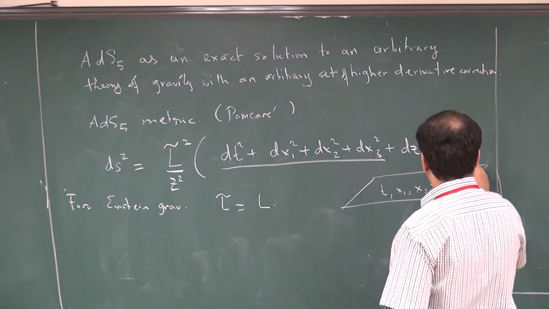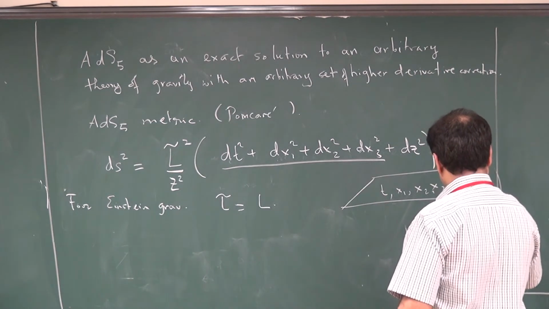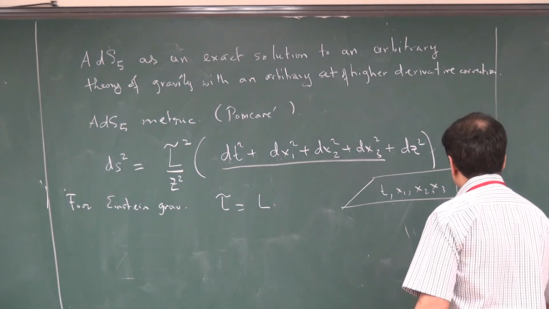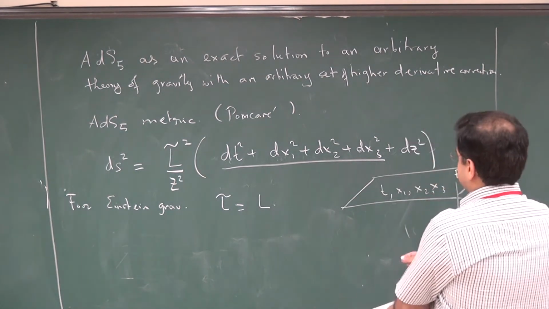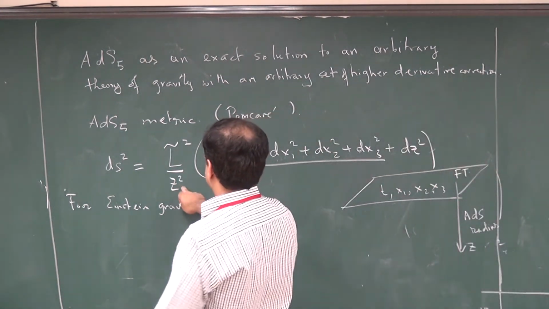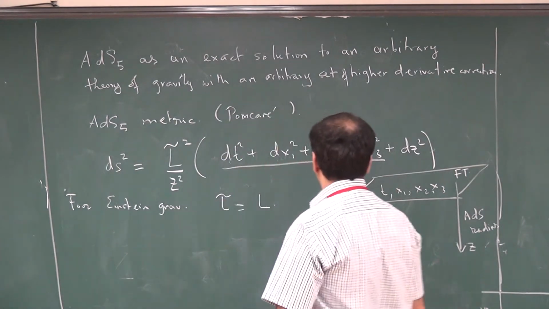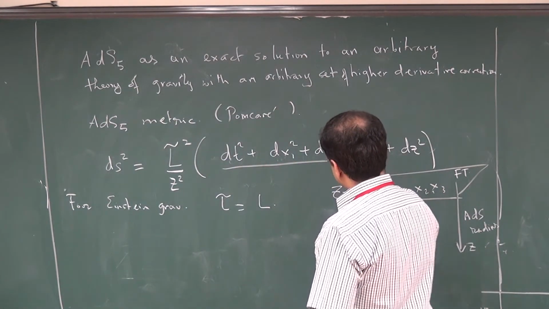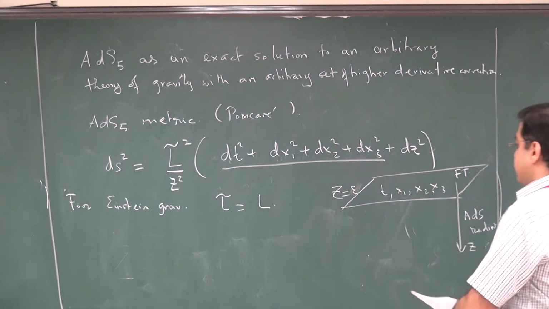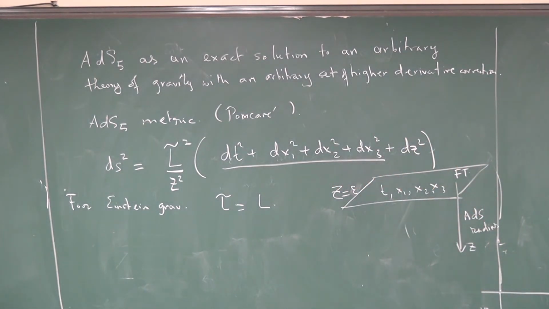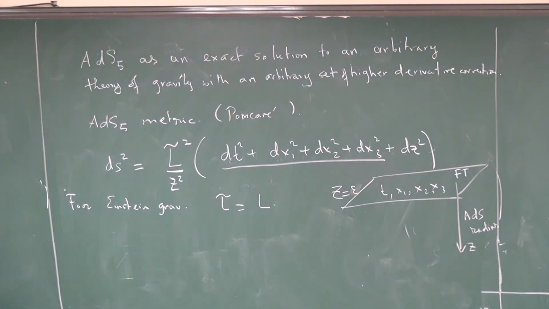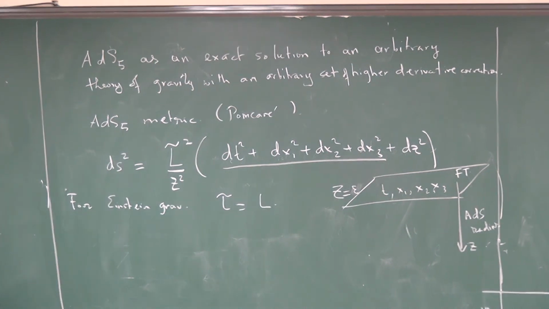This is where the field theory lives. This is the AdS radius. Where is the boundary? The boundary is where the metric blows up. So z equal to 0 is the boundary, or I'll put a small cutoff, z equal to epsilon. This epsilon will work out to be related to the same epsilon that appears here.